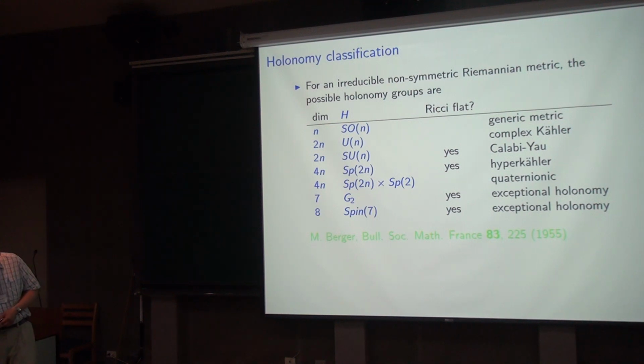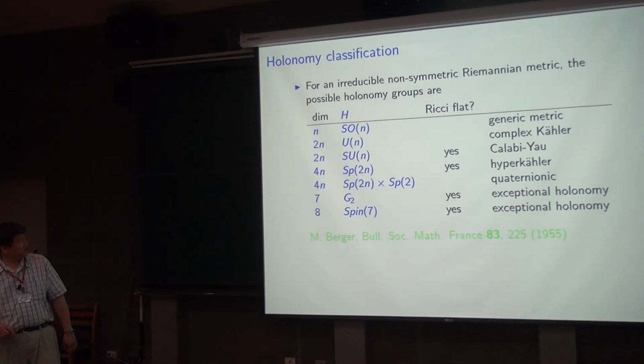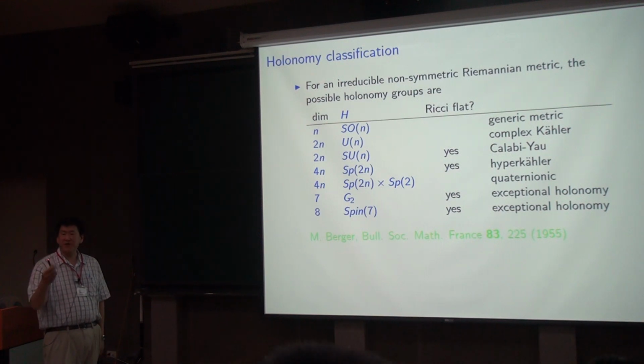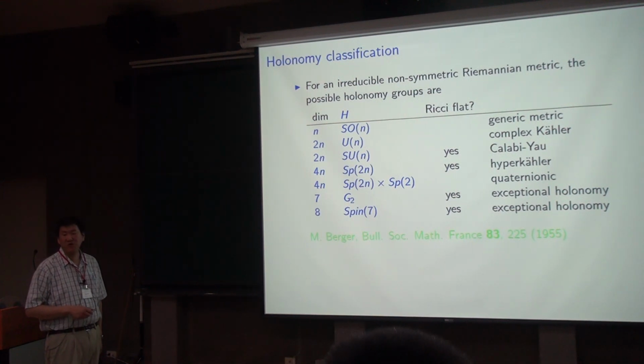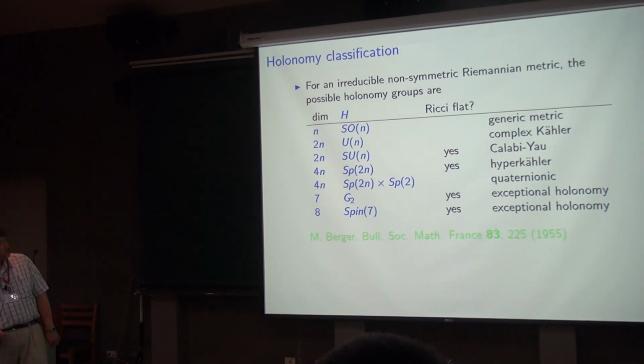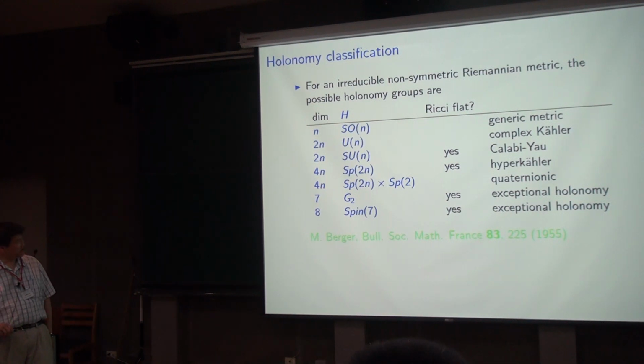The holonomy has been classified by Berger, and a very generic metric, as I said, has this SO(n) holonomy group. Basically, spinors or vectors, things that parallel transport, can rotate in any sort of way you want. However, with so-called special holonomies, which are restricted parts inside SO(n), you can have different sorts of situations.